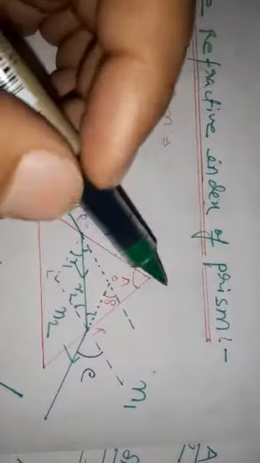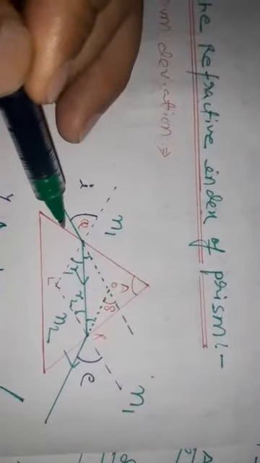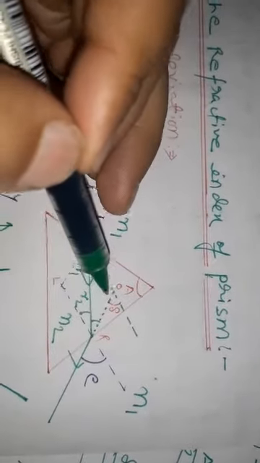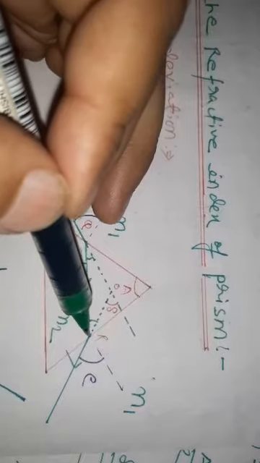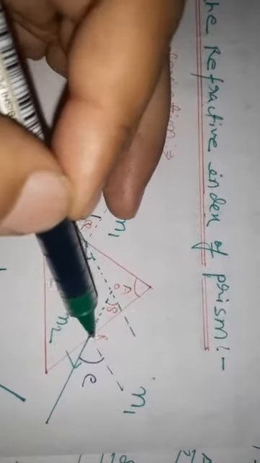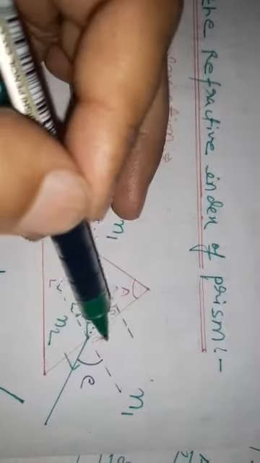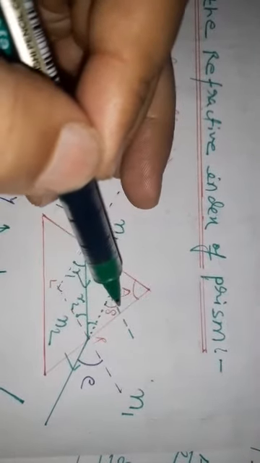As you can see in the figure, if I increase this angle gradually, this refracted ray will be moving towards this direction. This is your angle of deviation.